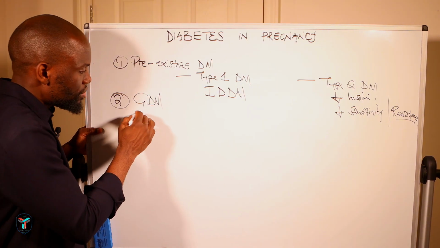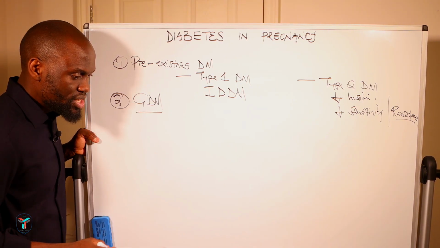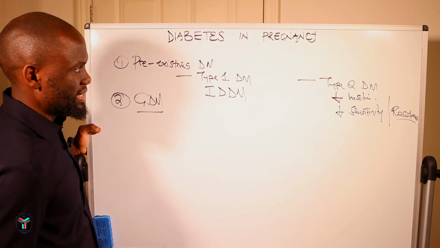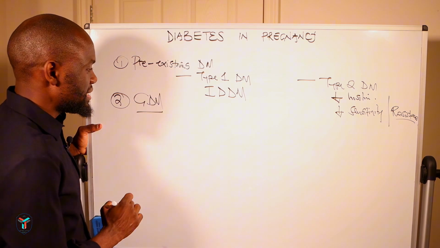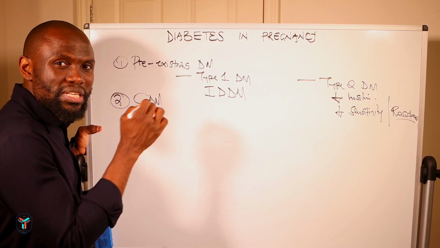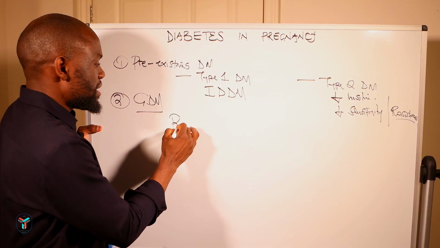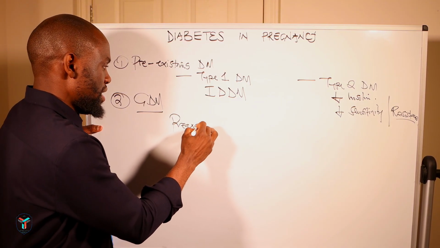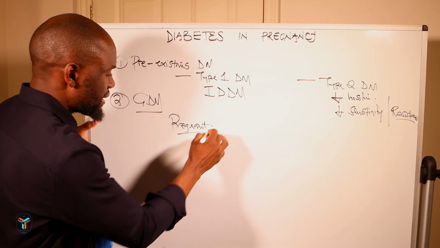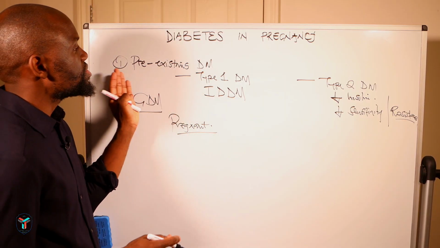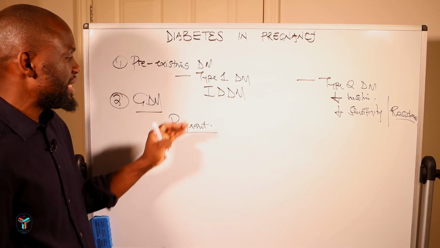Then you also have what we refer to as gestational diabetes mellitus. This is a type of diabetes mellitus that you see when somebody is pregnant. So this is a woman who comes in and gives no history of pre-existing diabetes mellitus.